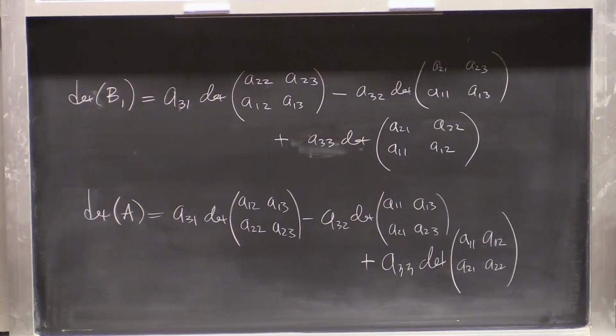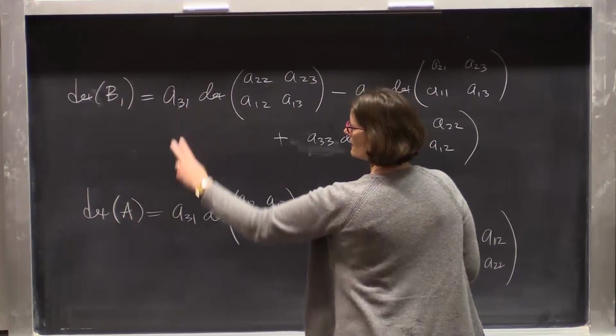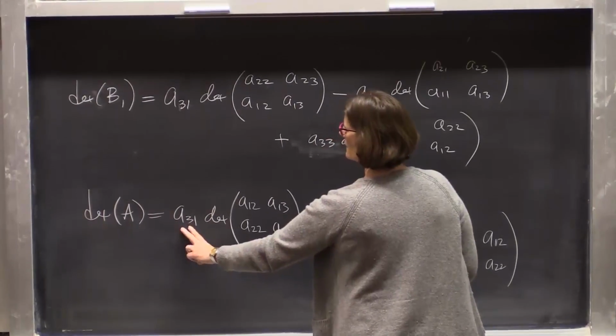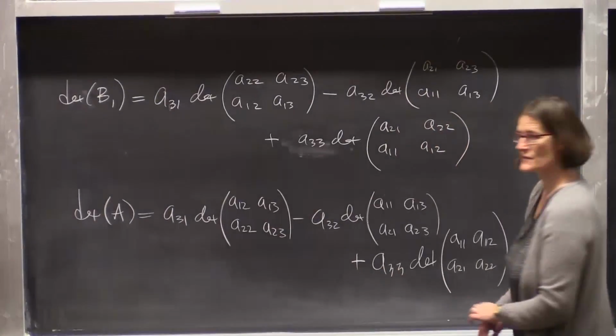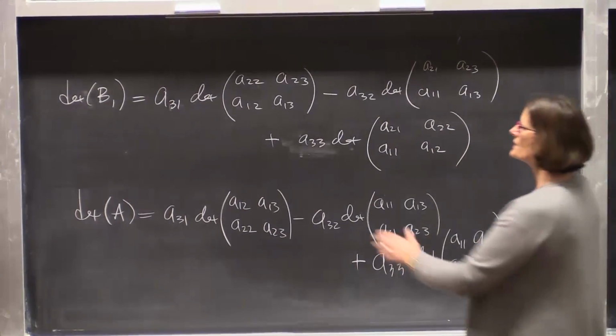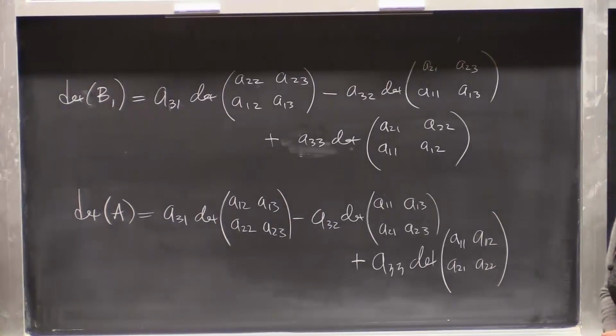Okay, so we're looking at these. Determinant of B1 has an A31. Here I have an A31. I have a determinant of a matrix, and I have a determinant of a matrix. How is this matrix related to that matrix? Swapping rows. What do I know about determinants of 2 by 2 matrices that have had their rows swapped?